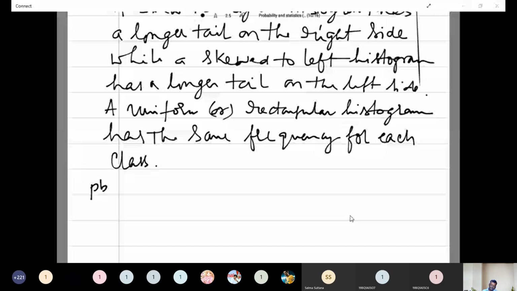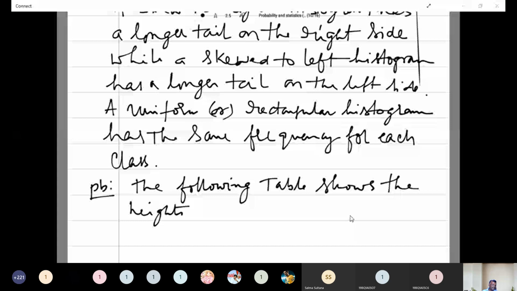The following table shows the heights of 100 male students at J&K University, for example.